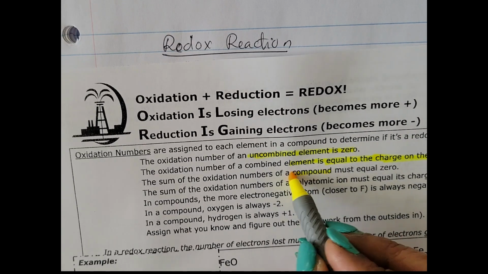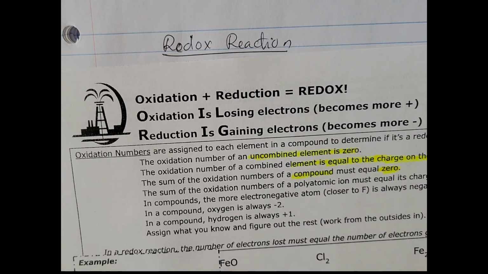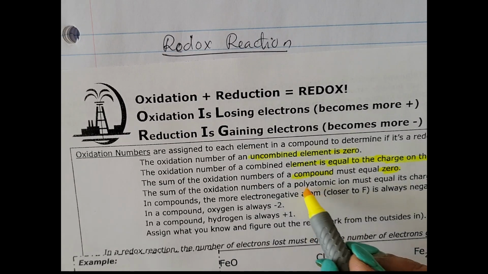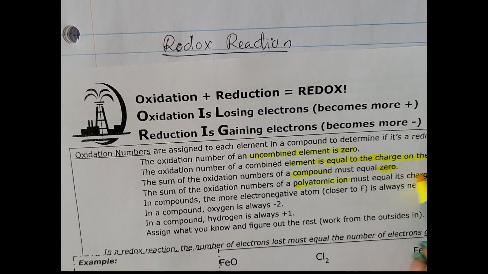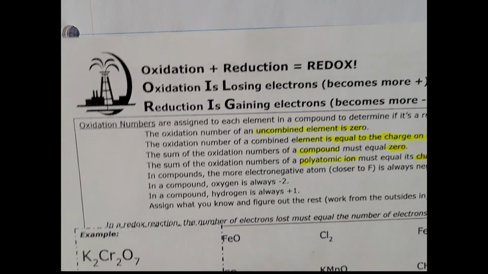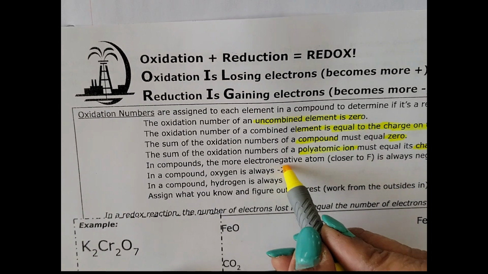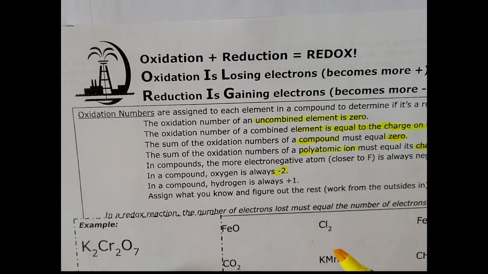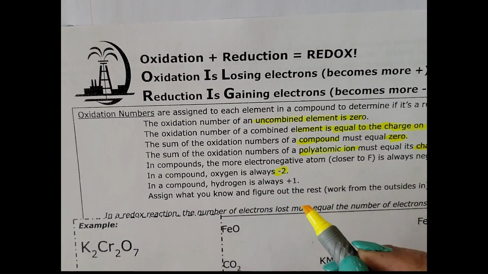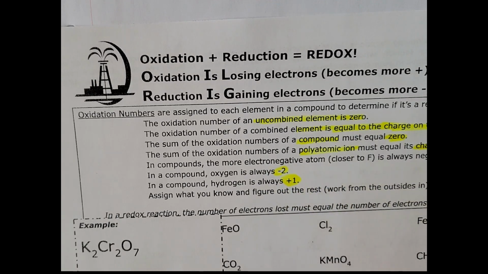Then for a compound, it must add up to what? 0. For all compounds, total charge must be 0. A polyatomic ion will be equal to its charge. Oxygen will show negative 2. As of now, you can learn like that. There are exceptions. Hydrogen is what? Plus 1.